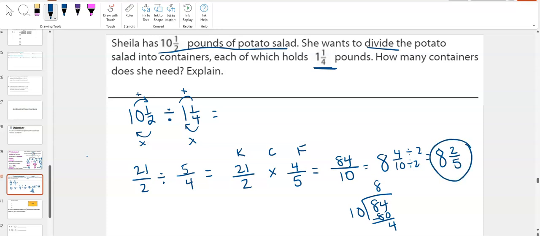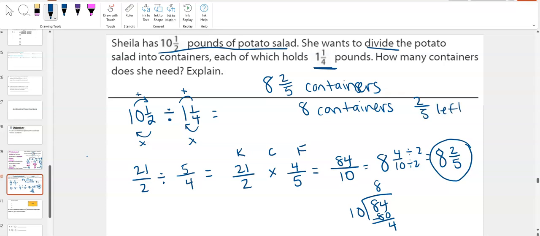So she can get 8 and 2/5 containers. So again, if this is the real world, we're not going to have 2/5 of a container. So she's really going to have 8 containers that are full with 2/5 of a pound left over. Awesome.